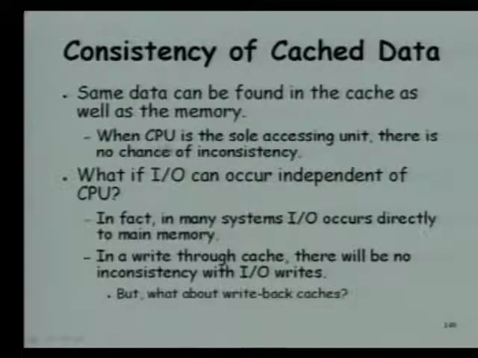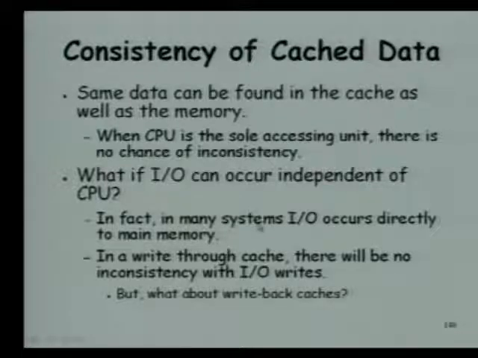But when the CPU is the sole accessing unit for the data from the cache, then there is no problem of inconsistency. But in addition to the processor, the I/O also can change the memory contents. I hope you remember the figure that we had discussed, the architecture of modern computers, where the I/O is performed directly with the memory system.